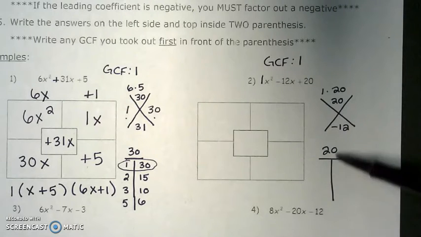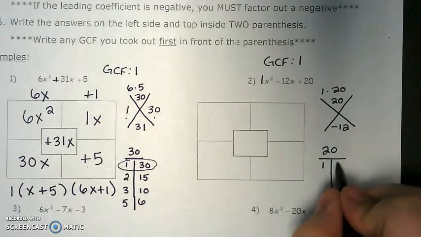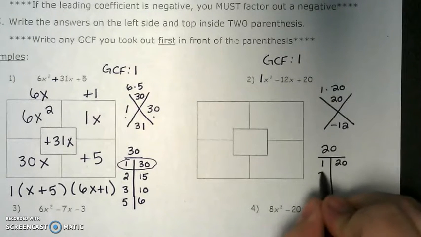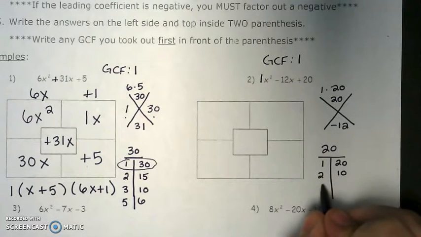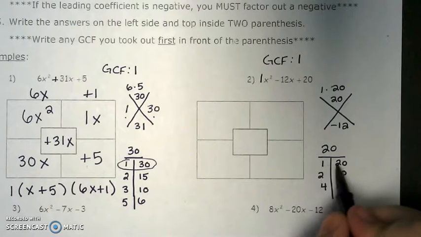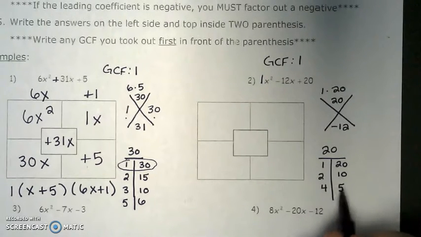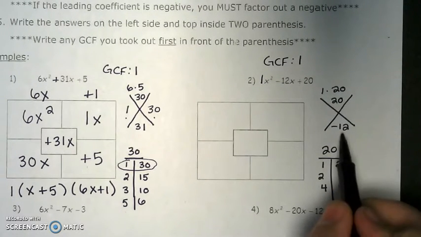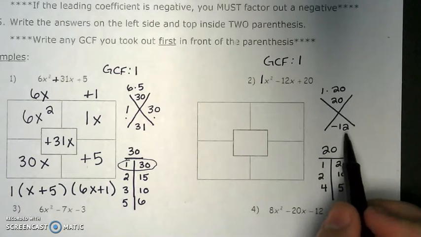Now we're always going to do the factor chart for the very top one. So 1 times 20, 2 times 10, 4 times 5. Now if you notice though, when we add these, I get 21, 12, and 9, which does not give me negative 12 yet.